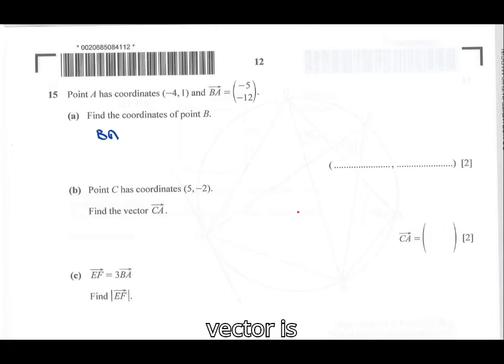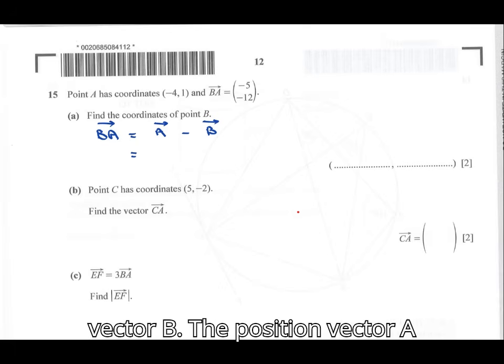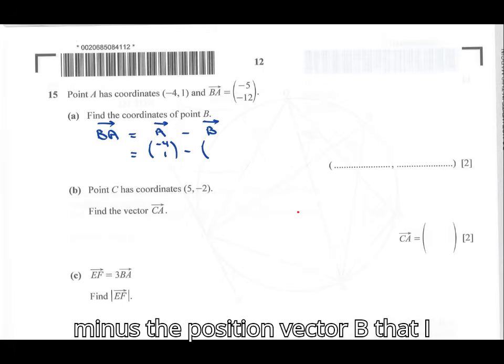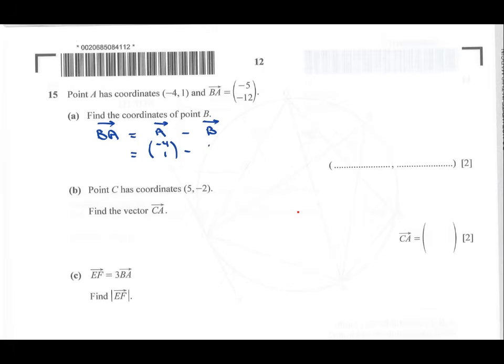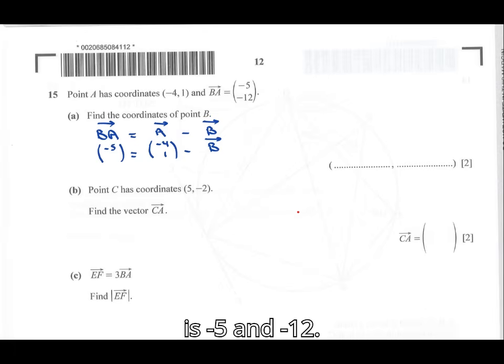vector BA is equal to the position vector A minus the position vector B. The position vector A is (-4, 1), minus the position vector B, which I don't know, is equal to the vector BA, which is (-5, -12).